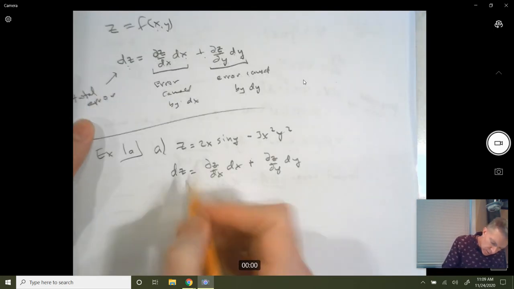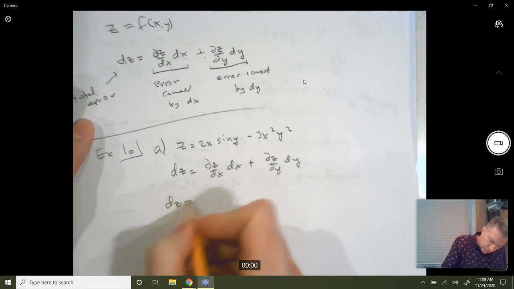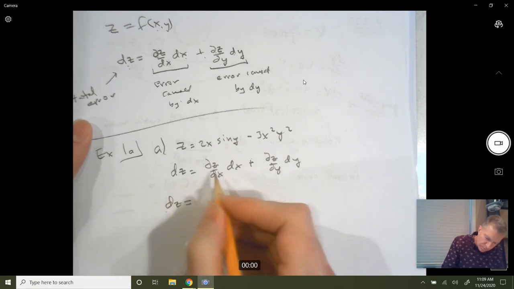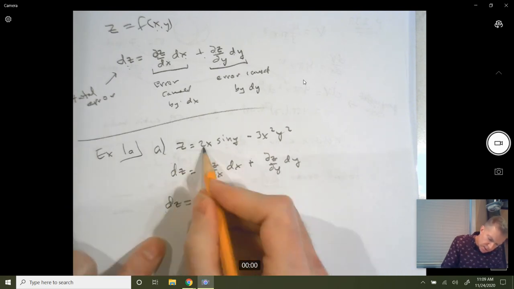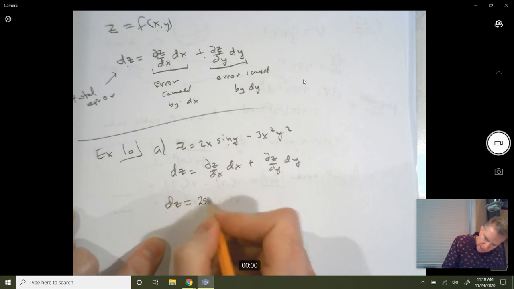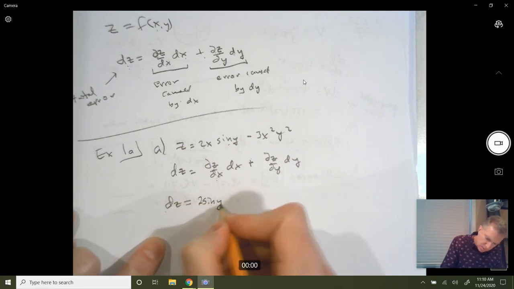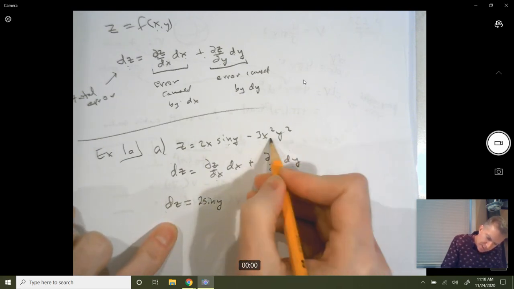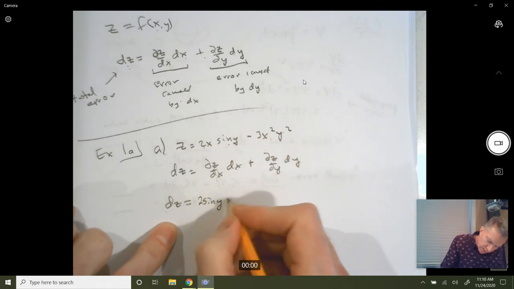So your dz, your total differential, or your propagated error, would be dz dx, so that's going to be 2 sine y, and then minus 6xy squared.